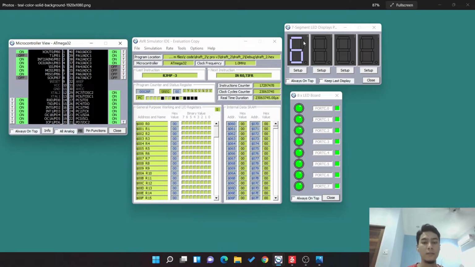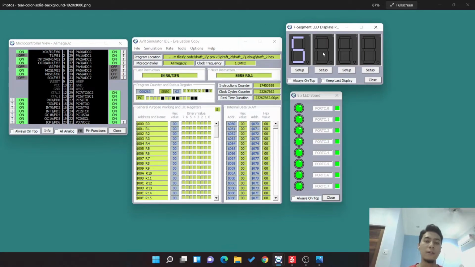Then we will wait until it finishes displaying our leader's IC.